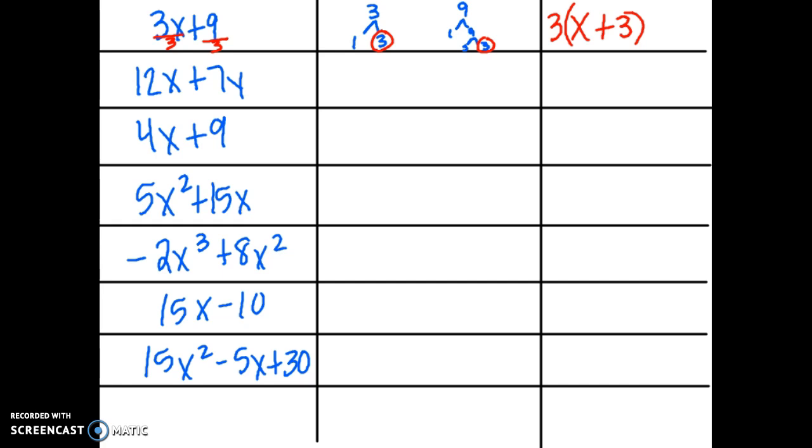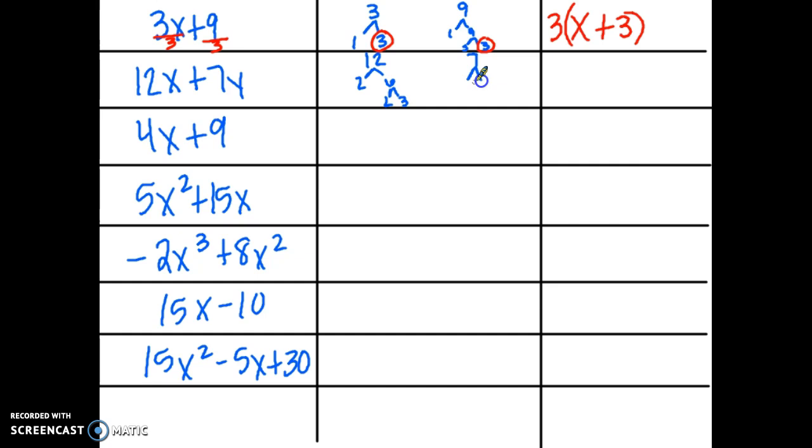12x plus 7y. So we have 12 and 7. 12 can be factored by 2 times 6, and 6 can be factored by 2 times 3.